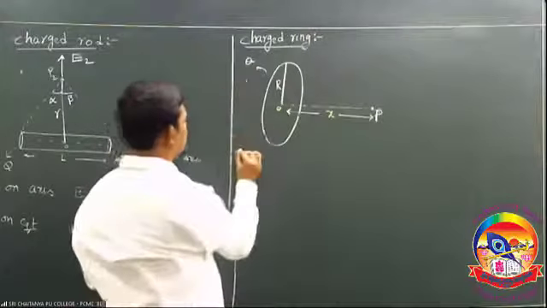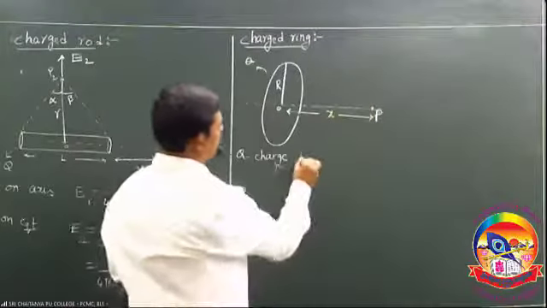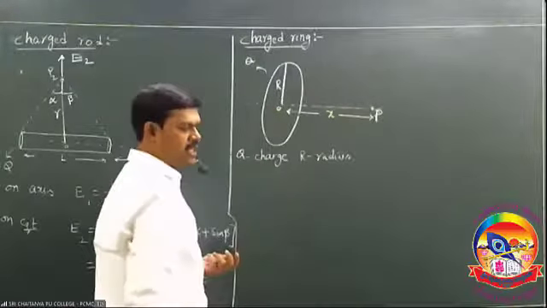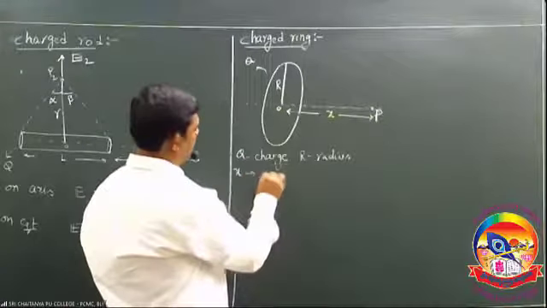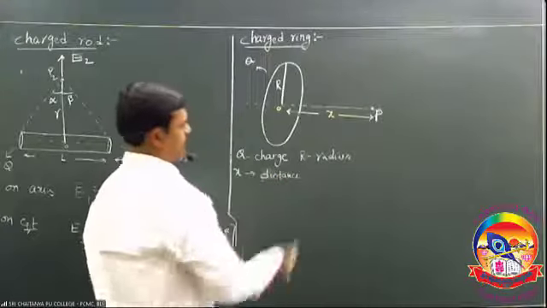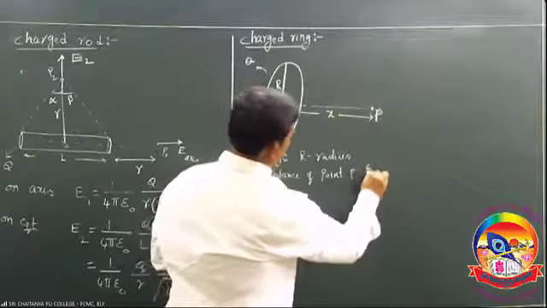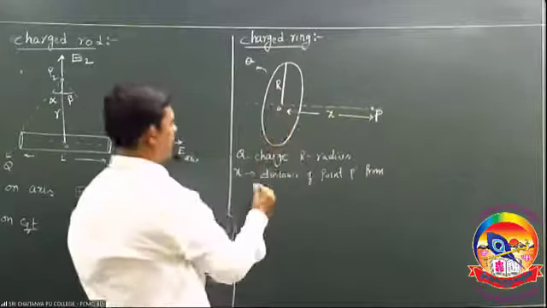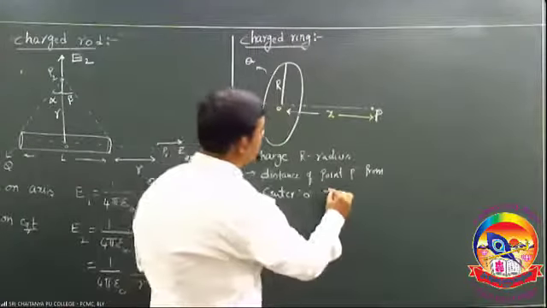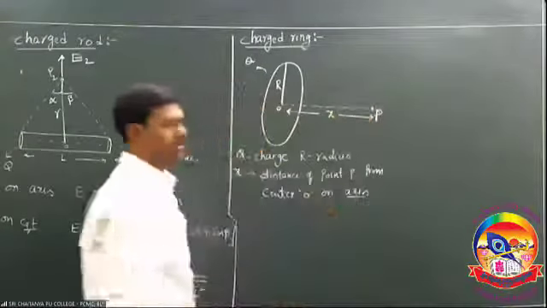Given that Q is the total charge, R is the radius of the ring, X is the distance of point P from the center O on the axis, right?